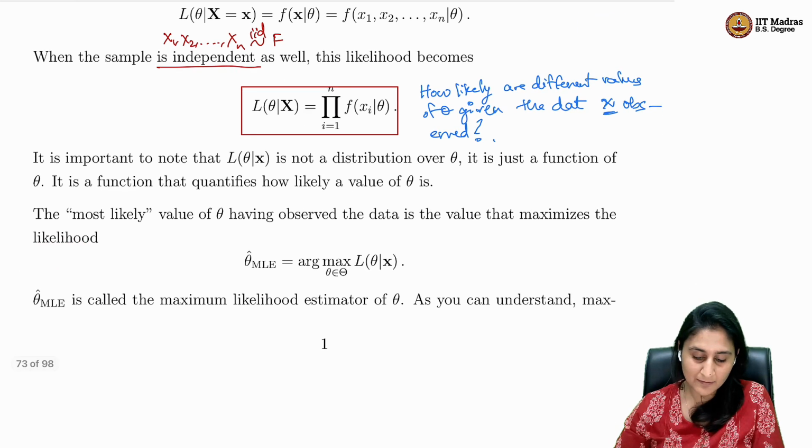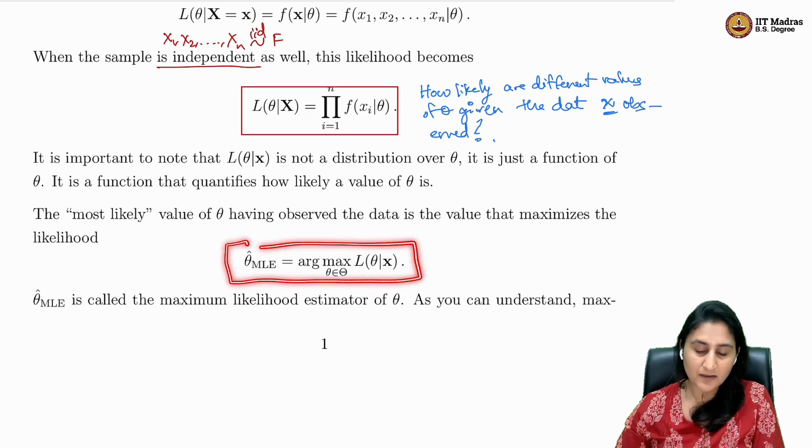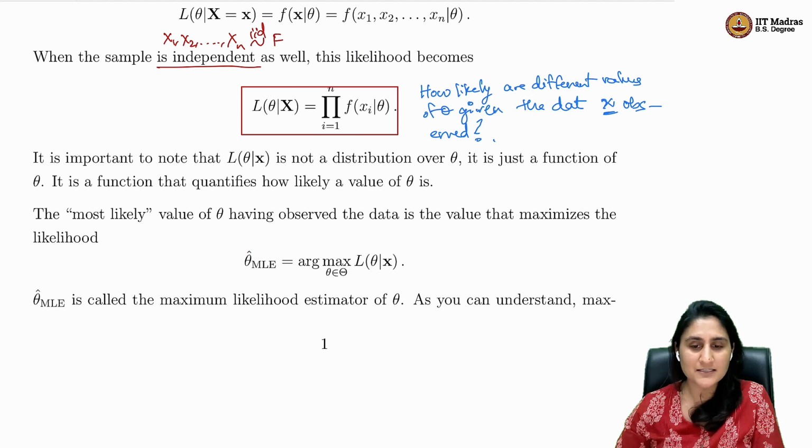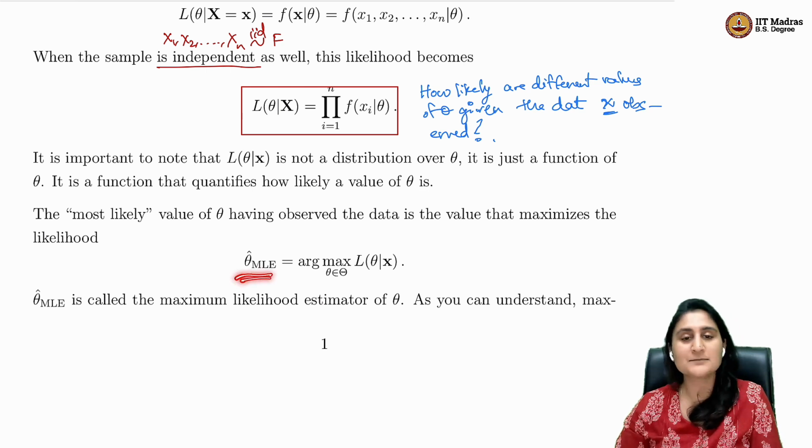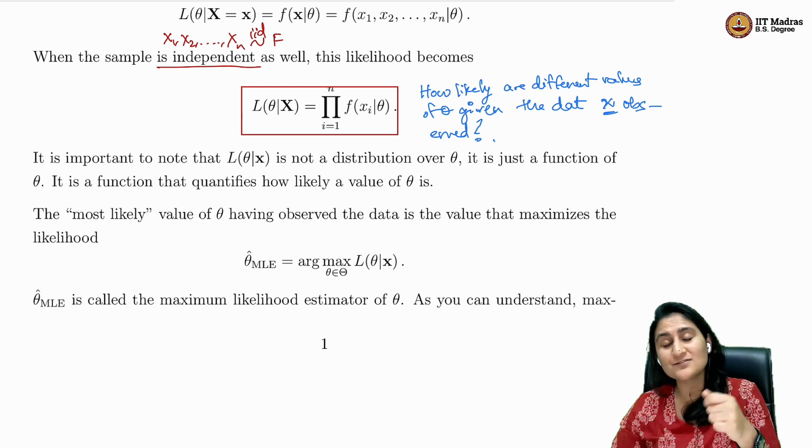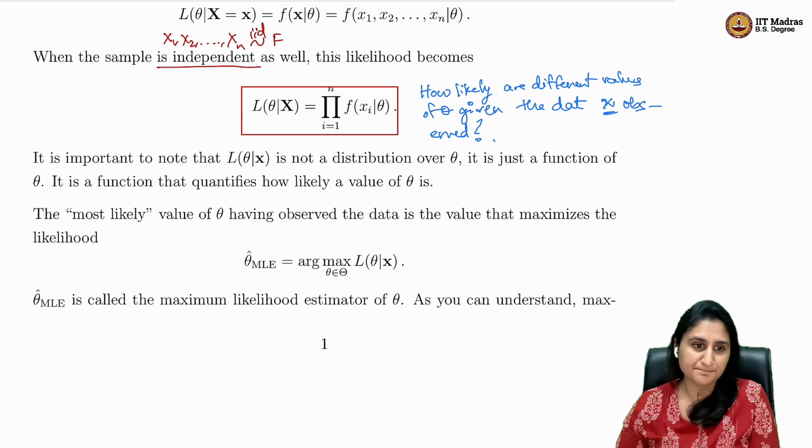So theta hat MLE is the argument that maximizes the likelihood function over my parameter space, capital Theta. It is called the maximum likelihood estimator.